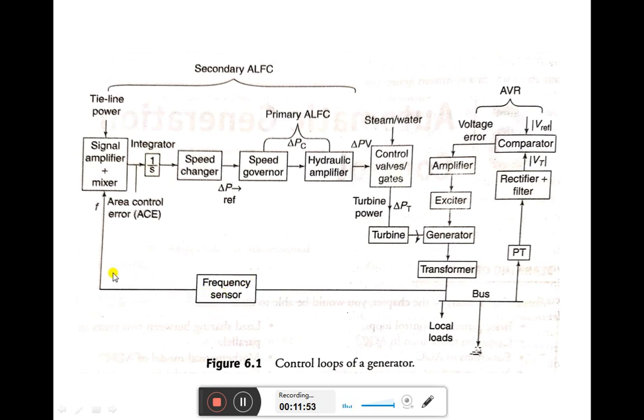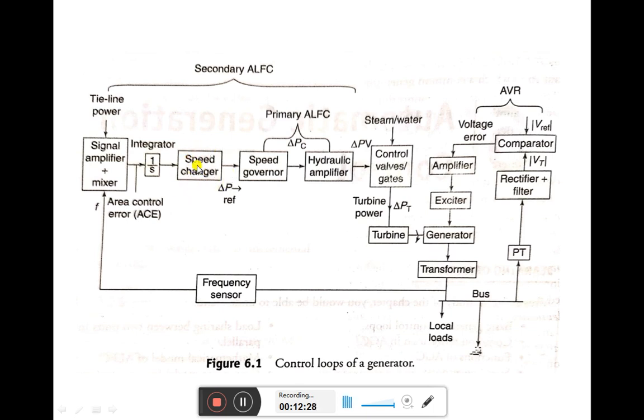Taking the input from the frequency sensor, we can calculate the area control error. So area control error is inclusive of deviation in the power plus deviation in frequency both. Then this area control error plus this tie line power are both fed to this signal amplifier or mixer, and then integrating them we give the input to the block called the speed changer.